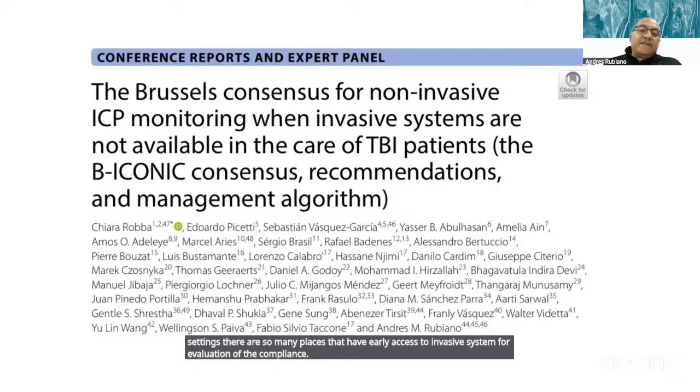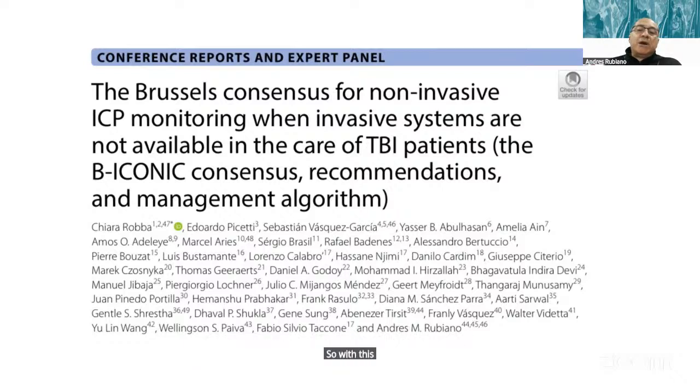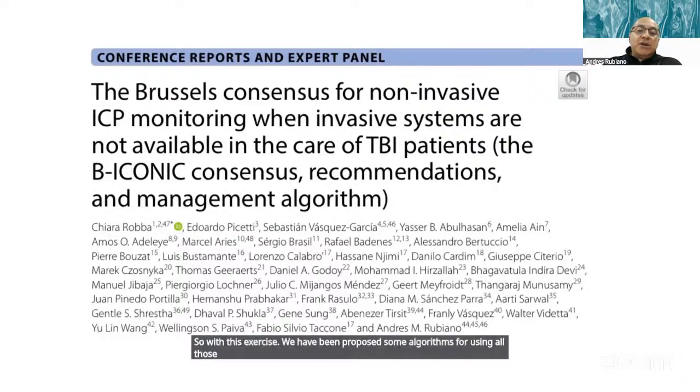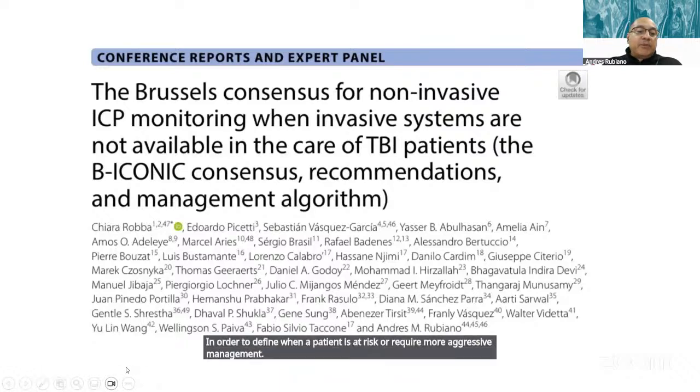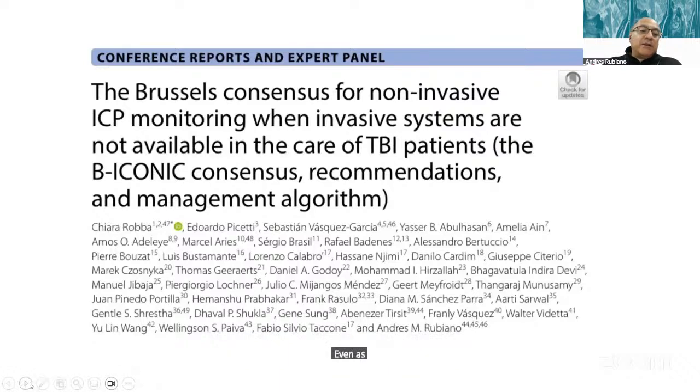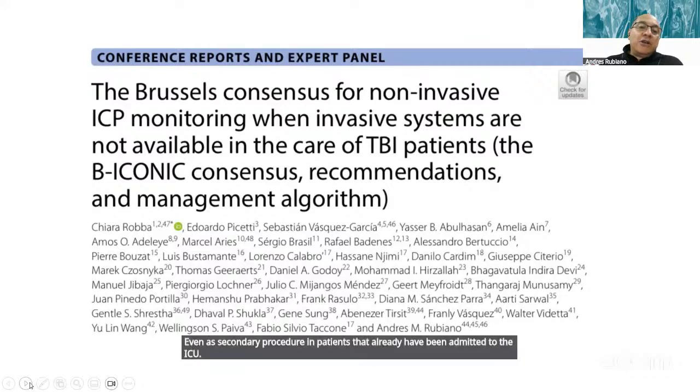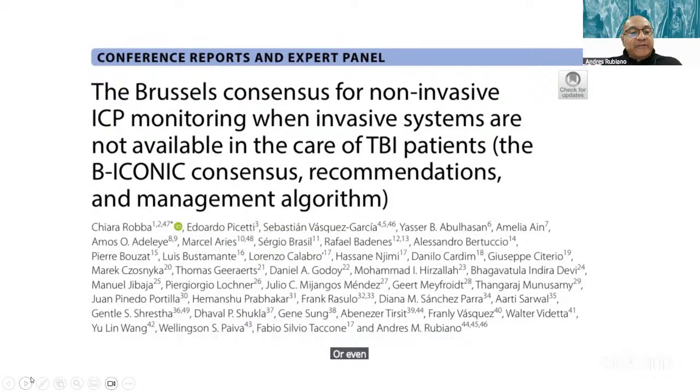So with this exercise, we have proposed some algorithms for using all those systems that I just mentioned, in order to define when a patient is at risk of requiring more aggressive management, even as a secondary procedure in patients that have already been admitted to the ICU, or even as a primary procedure in patients that still remain in the emergency.